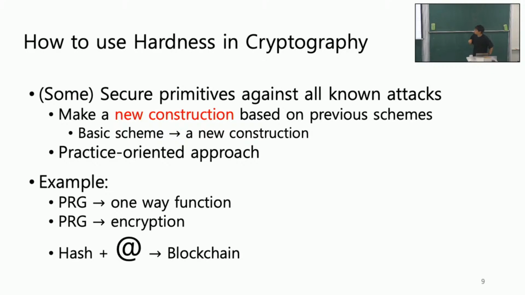As an example, if we have a random generator, then we can build the one-way function and encryption schemes. Moreover, a blockchain can be built from a hash function plus a super large alpha. Since the structure of a blockchain is quite complex, many cryptographic primitives are contained in it, so we pass it right now.